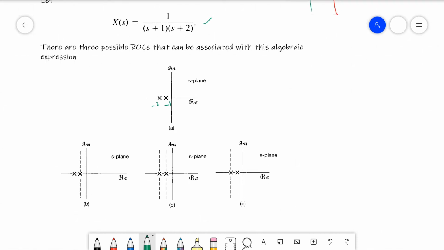So let's suppose we have a right-sided signal, then the region of convergence will be on this side, and let's suppose we have a left-sided signal, then the region of convergence will be on this side, and if we have a two-sided signal, then the region of convergence will be some area which is common to both.